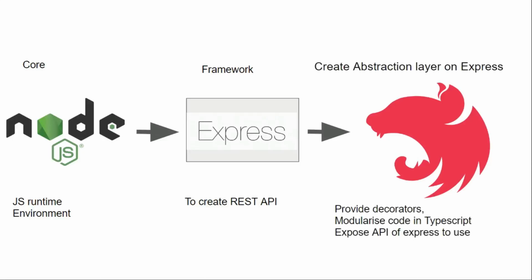So it creates decorators and modularizes the code in TypeScript so that we can utilize TypeScript in server-side programming, and it also exposes the APIs of Express.js so that we can use them in Nest.js. So this is how Nest.js is built on top of Express.js, and now we are going to install it and we will test how to create a REST API using Nest.js and how it works. So let's start.